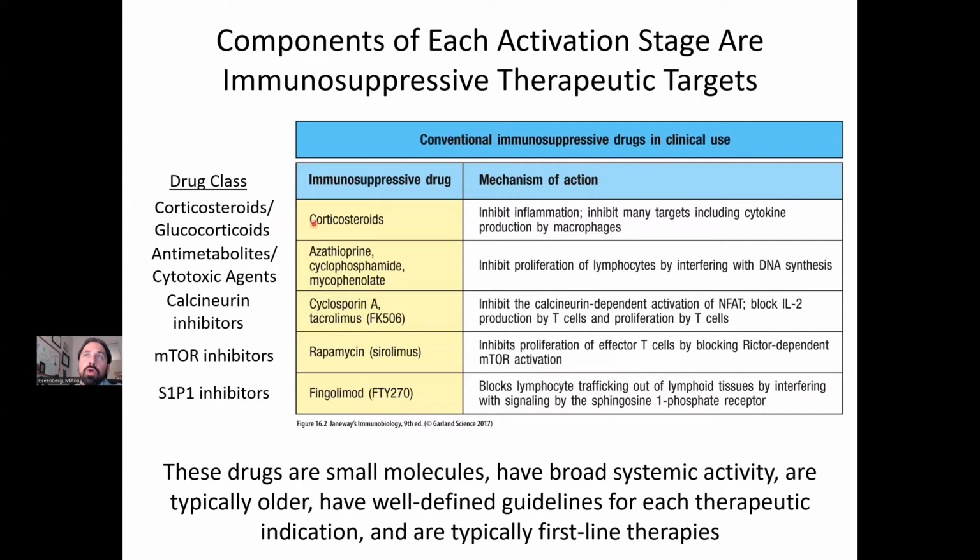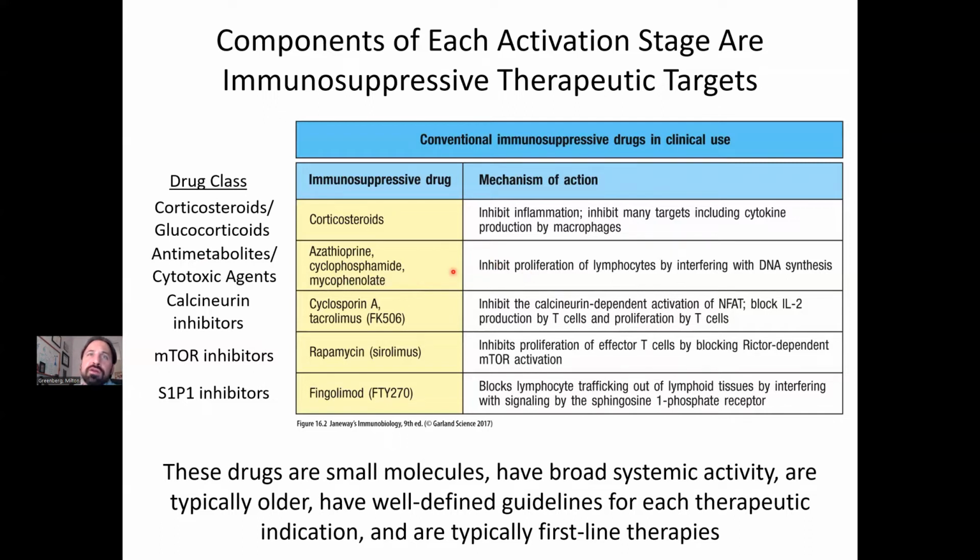So first we have our corticosteroids, also called glucocorticoids. These potently inhibit inflammation. We also have our antimetabolites, aka cytotoxic agents, like thiopurines and CellCept, mycophenolate. What these do is interfere with DNA synthesis.